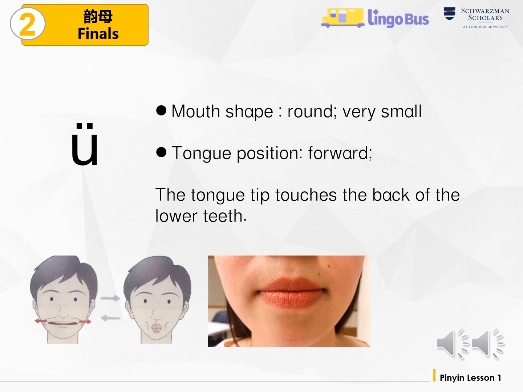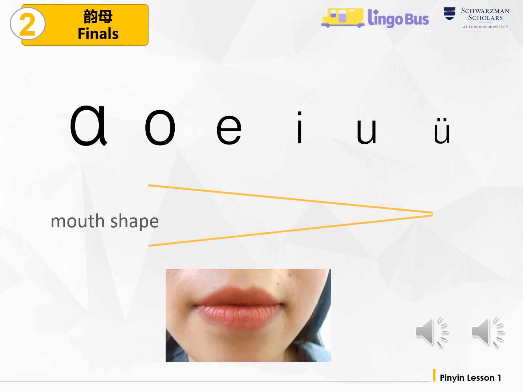Another tip is to pronounce I first, then keep the position of your tongue and draw your lips in to form a round circle. Listen and follow me again. Watch the video for these finals in a series again.